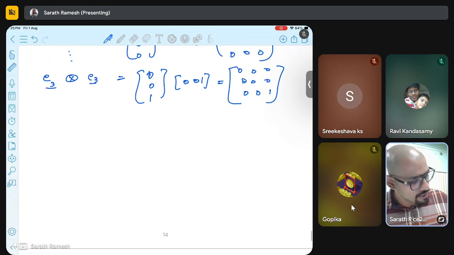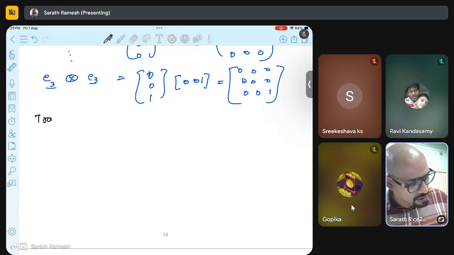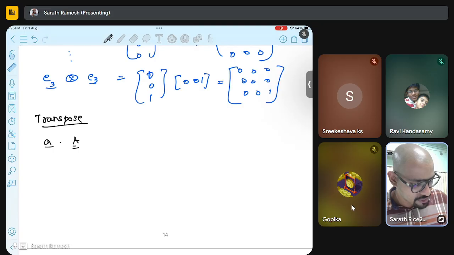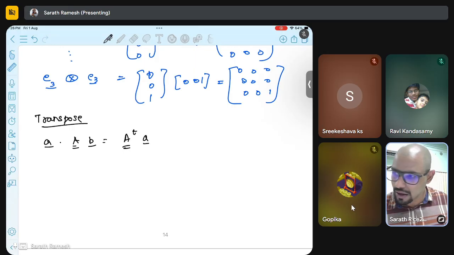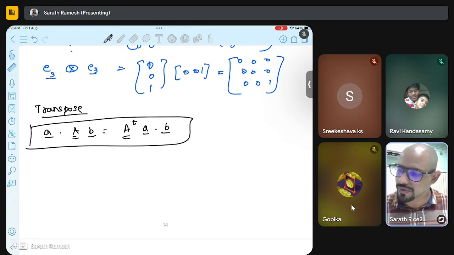But before that, we need to know the definition of transpose. Say, A u dotted with v is equal to u dotted with A transpose v. This is the mathematical definition of the transpose of a second order tensor.